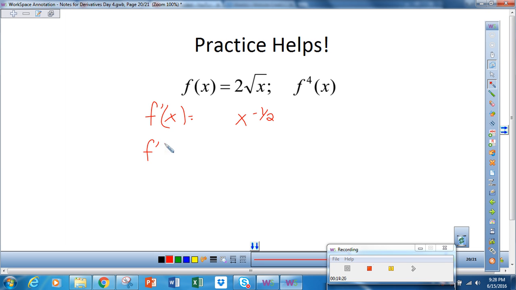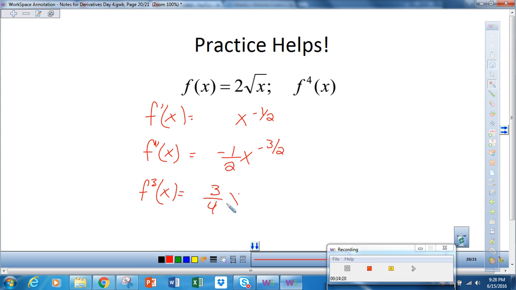So then the next derivative would be negative 1/2 x to the negative 3/2. We're subtracting 1 each time. So then the next derivative would be 3/4 x to the negative 5/2.